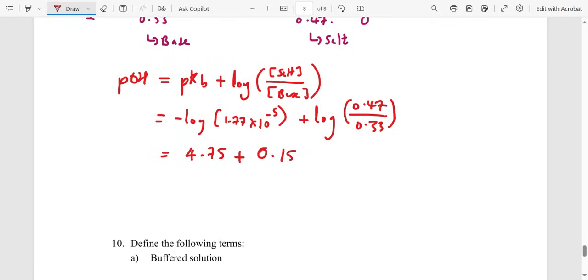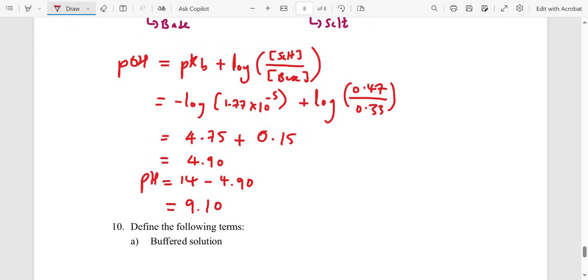So 4.75 plus 0.15 gives us 4.90, and so the pH is 14 minus 4.90, which gives us 9.10. Okay, so that is that.